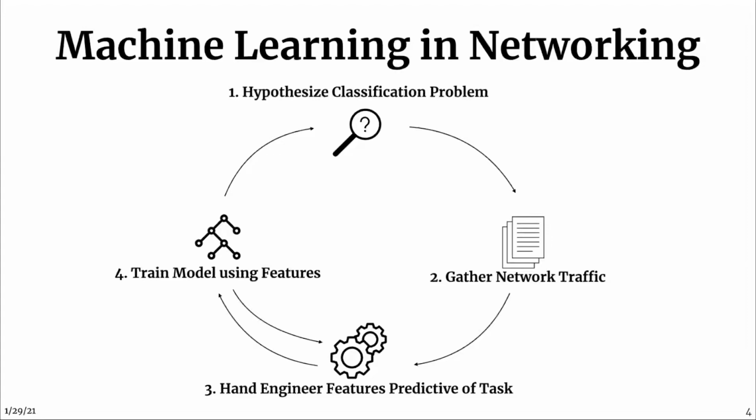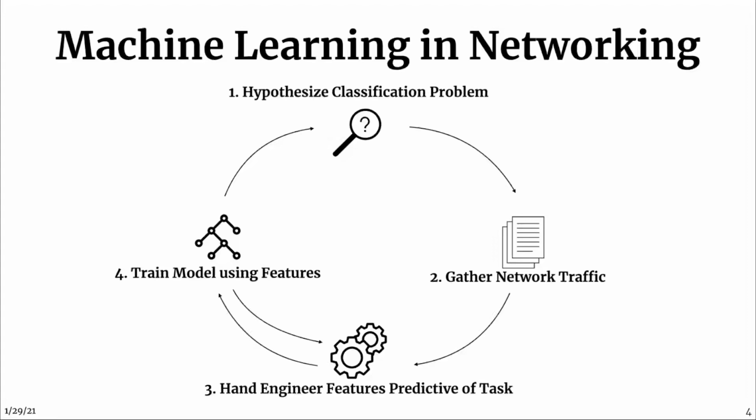And then I'm going to look at the traffic, and I'm going to say, okay, what parts of this traffic are important to be able to distinguish different devices remotely? So, for example, the TTL we know is important for distinguishing remote devices. And we're going to use our domain expertise and really our time to hand engineer and extract features that are hopefully predictive of that task.